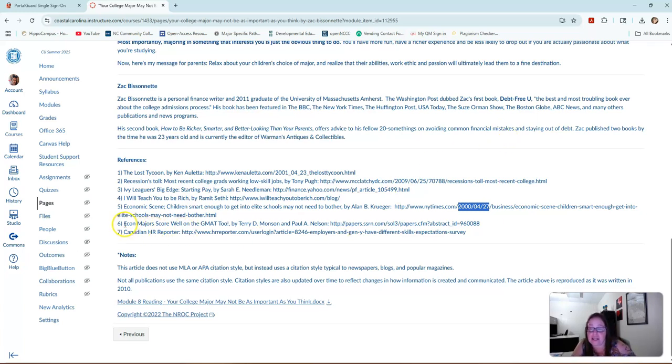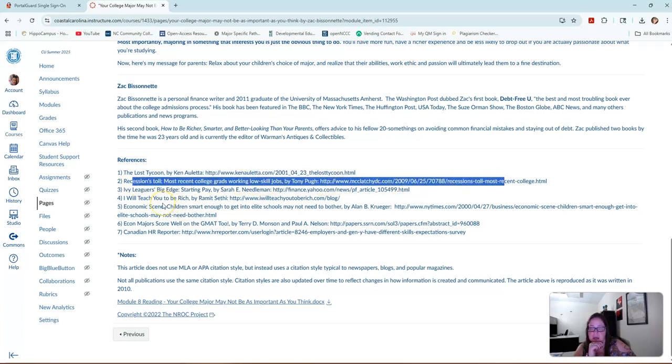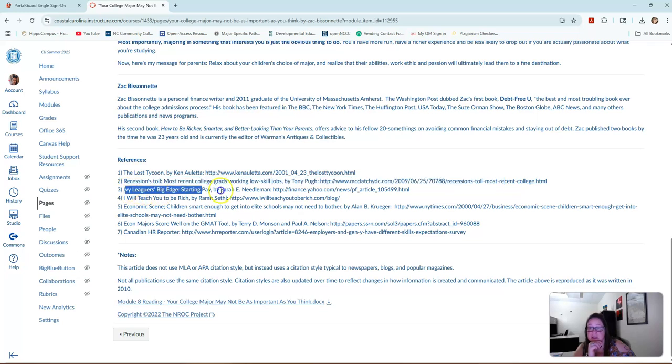But you can look at these things and go, okay, does this look like a strong source? I don't know what this one is, The Lost Tycoon. This is a book. Okay, so that's great. This is another article from a newspaper. This is from a Yahoo news article.